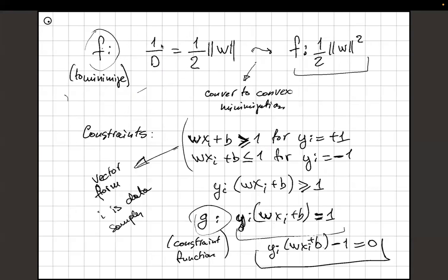And this comes from the line equation, and W's are coefficients of our model that we want to build. Plus, we have constraints, so that all samples of the positive class should be classified as positive values, and the negative class as less than one, basically. Yeah, and this is the same notation for this system of constraints.